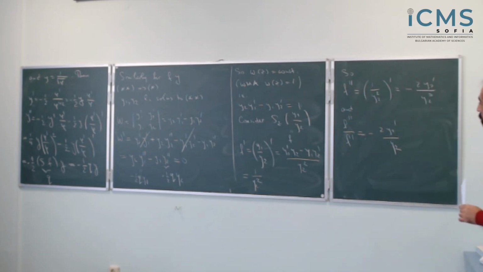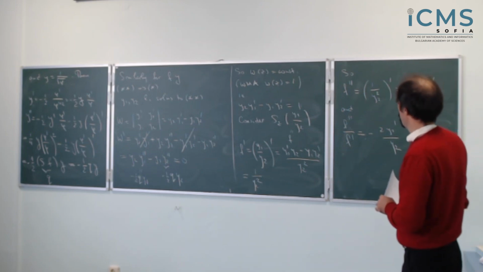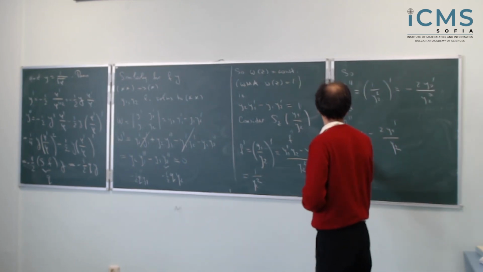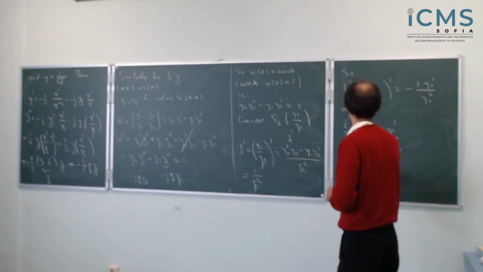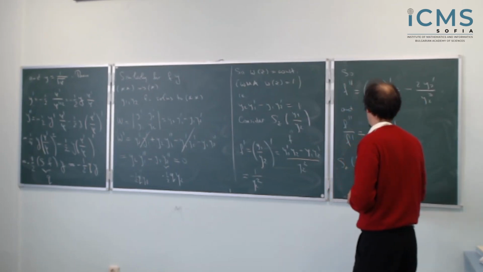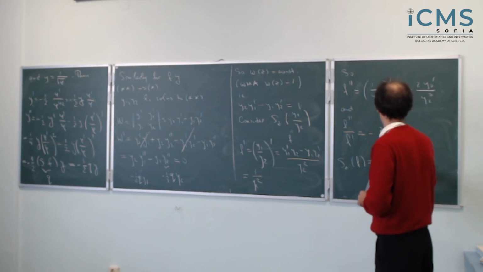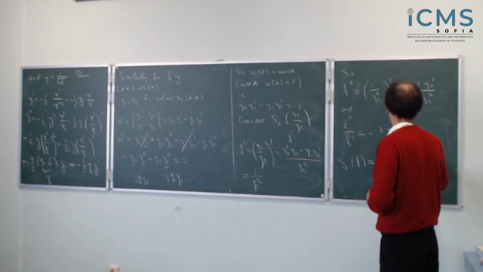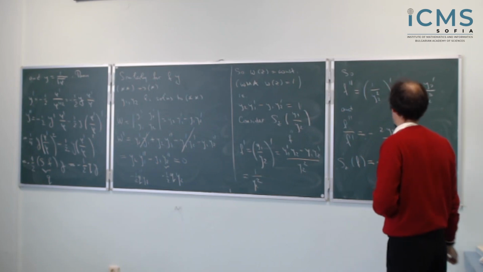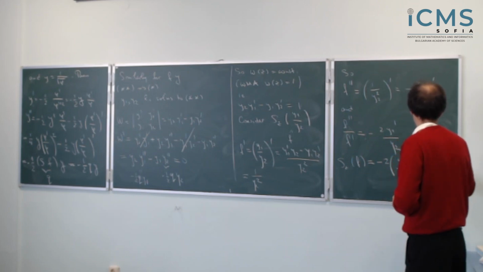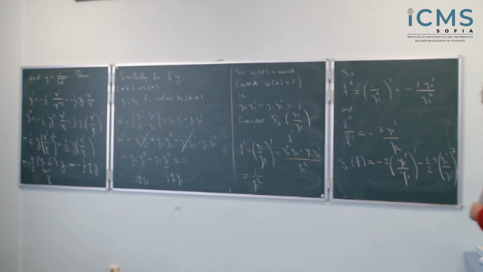And so the Schwarzian of f is minus 2 y2 double prime over y2, minus a half, and that would be 4 times (y2 prime over y2) squared.